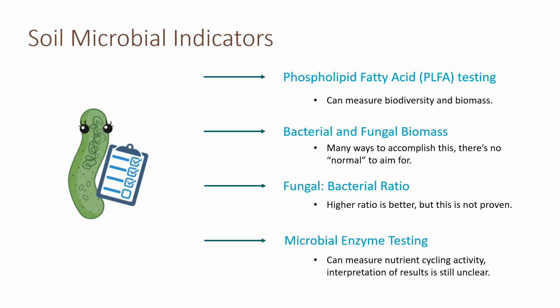And to measure the activity of those soil microbes, you can measure the activity of microbial enzymes. All you need to know about enzymes is that it's something we can look for in the soil that tells us what the microbes were doing. The basis of this test is you can test for specific enzymes that you know are responsible for specific functions in the soil, usually carbon, nitrogen, and phosphorus cycling.